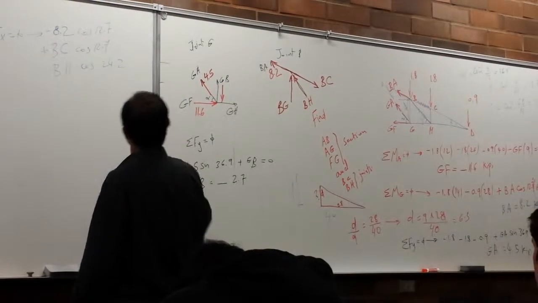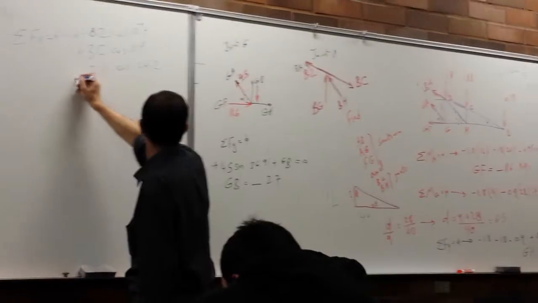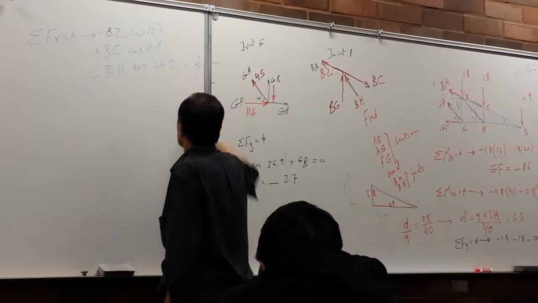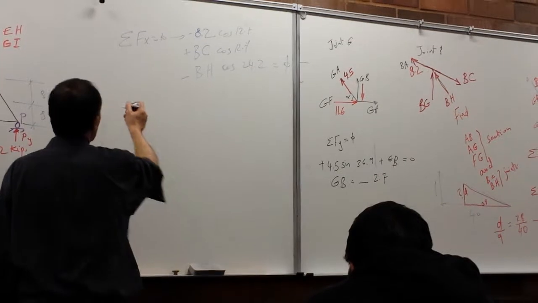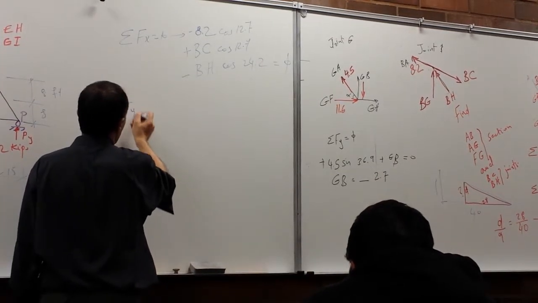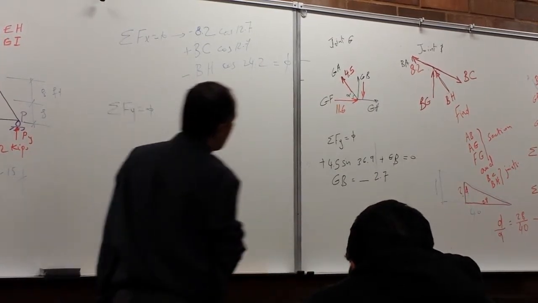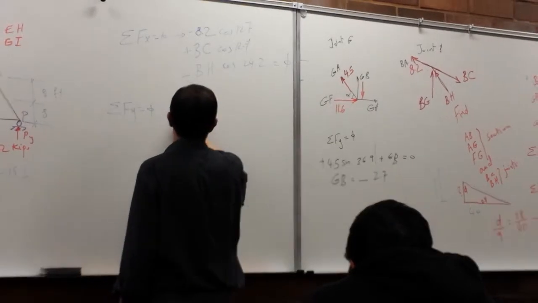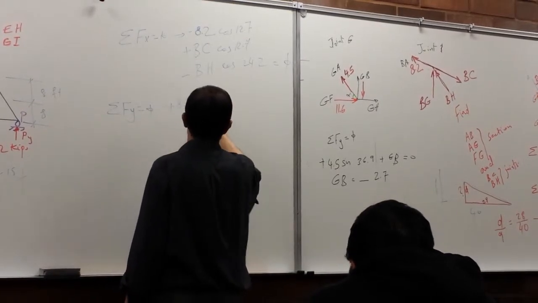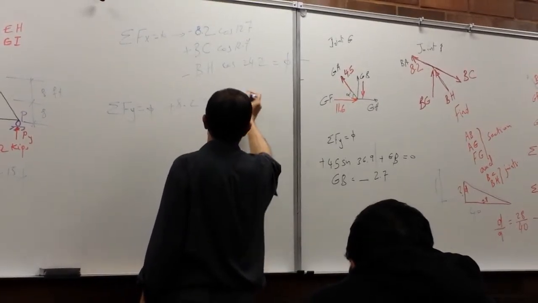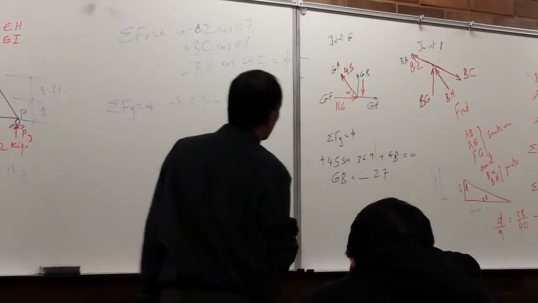Heading this way, negative, equals 0. I wrote down one equation with two unknowns. I will write sum of forces on y equals 0. The 8.2 is positive sine of 12.7, heading up.